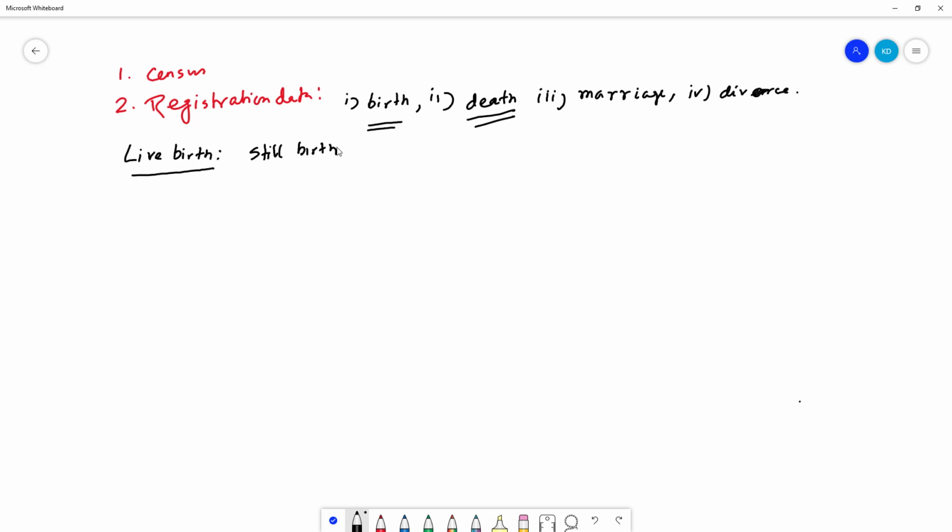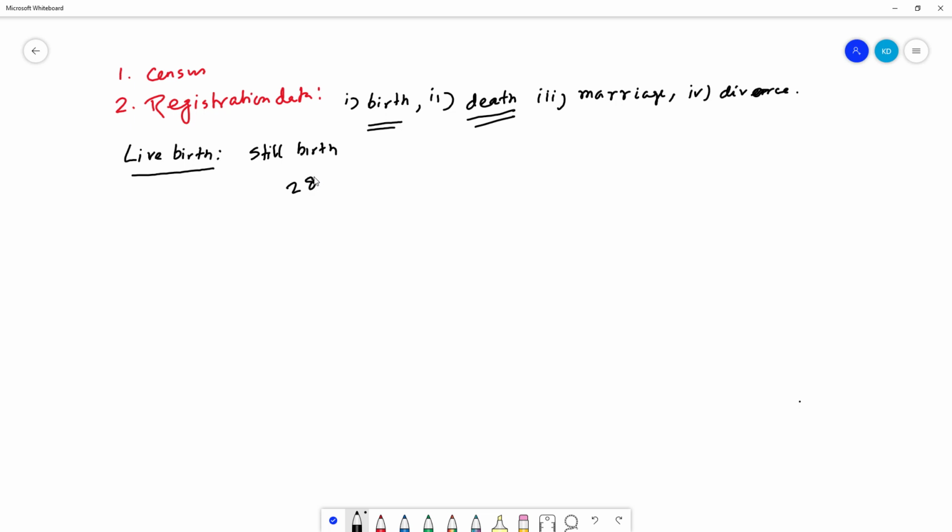Next is fetal death, meaning death of fetus before separation from mother, which may thus be either a stillbirth or a miscarriage or abortion, according as it occurs after or before completion of 28 weeks of gestation.